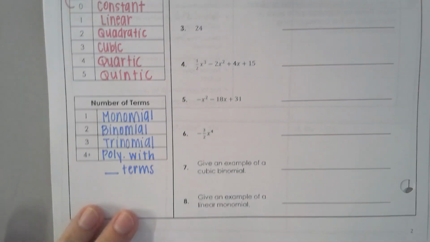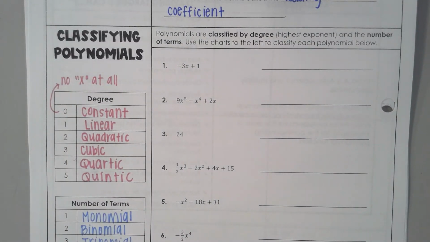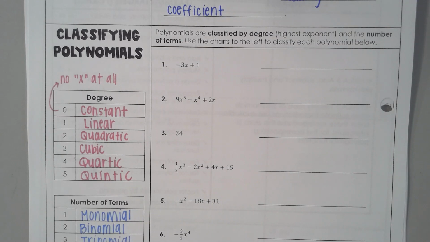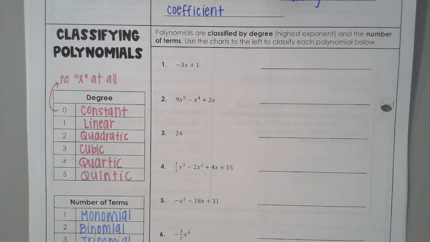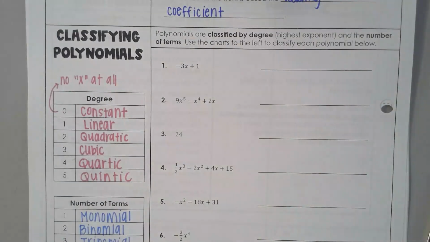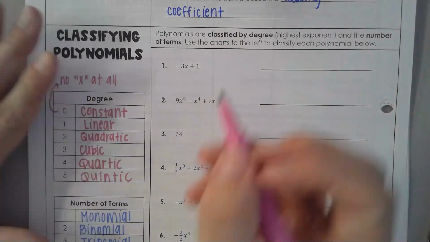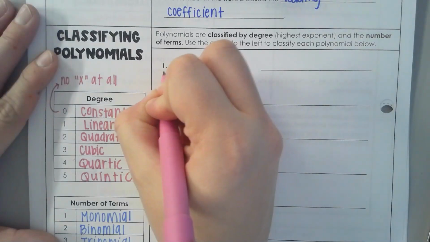So let's go to some examples, and we're going to name them. We're also going to label the leading coefficient. Even though that doesn't affect the name, you still need to know what that is. Okay, so number 1, let's start with the degree. Do you actually see an exponent?